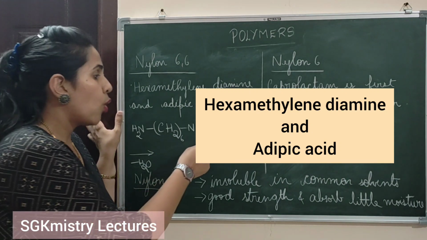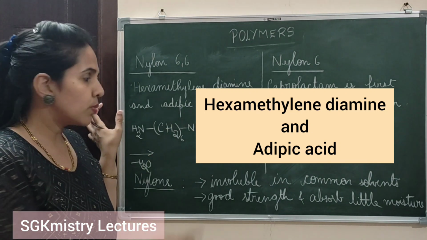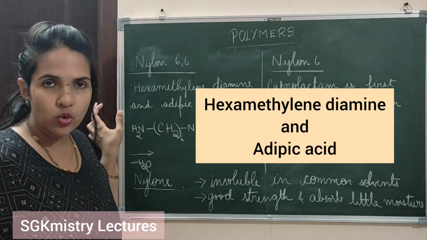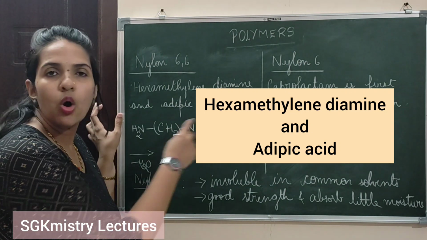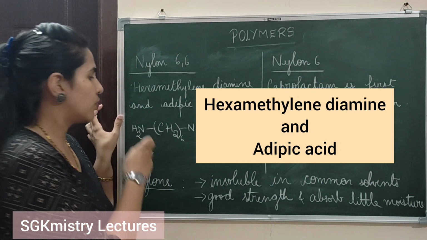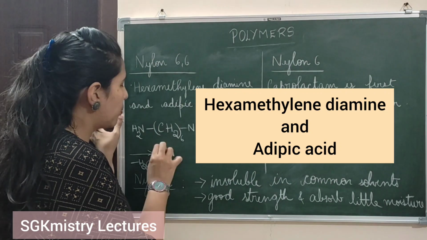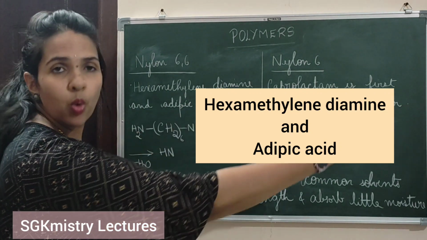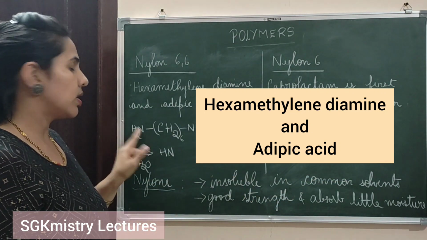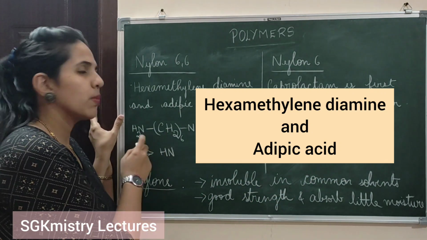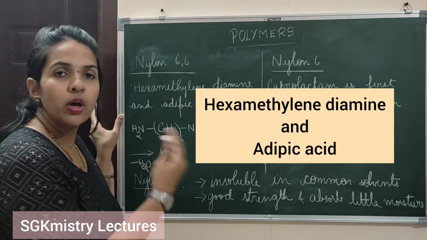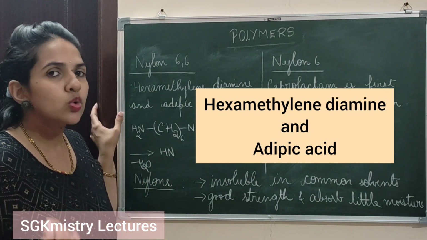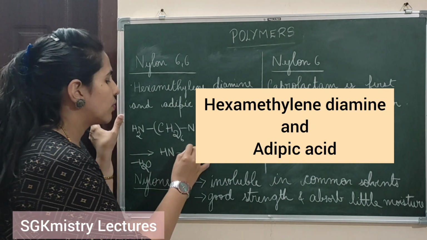Here the OH of the COOH group and one of the hydrogens of the NH2 can be removed as a water molecule. So we can get the polymer. The polymerization takes place on both sides continuously. One of the hydrogens is lost by the NH2 group to form the condensation product by the losing of a water molecule.